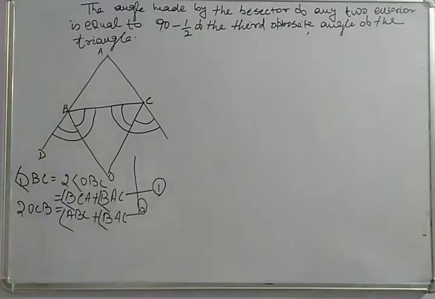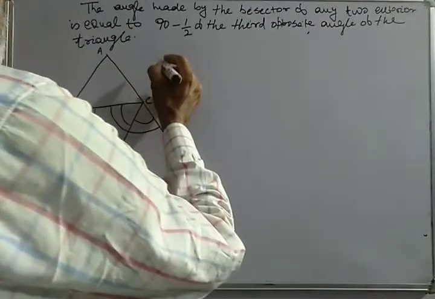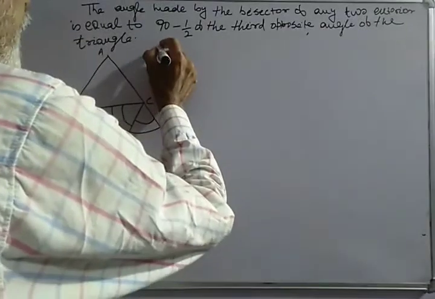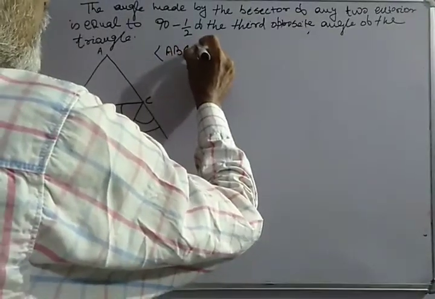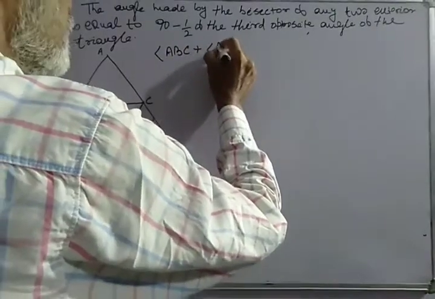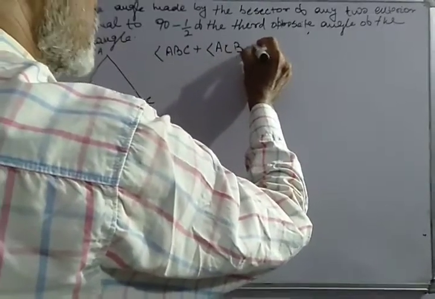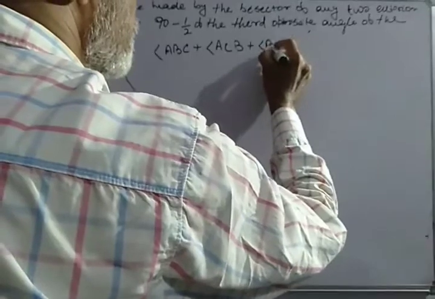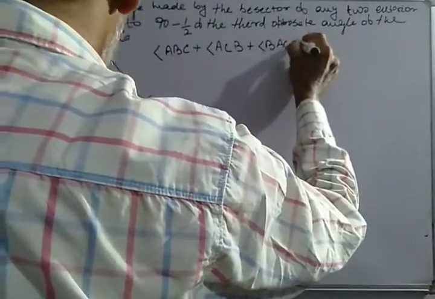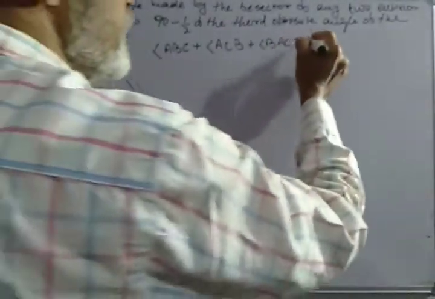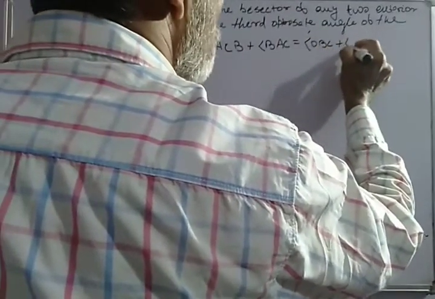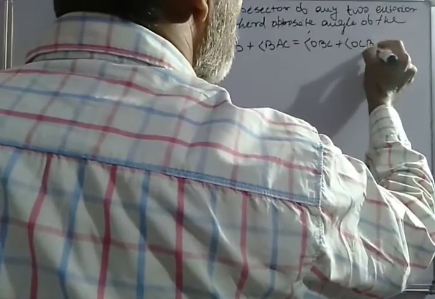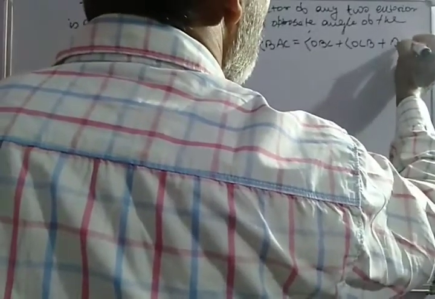Now you see here, according to the triangle interior angle rule, angle ABC plus angle ACB plus angle BAC is equal to angle OBC plus angle OCB plus angle BOC.